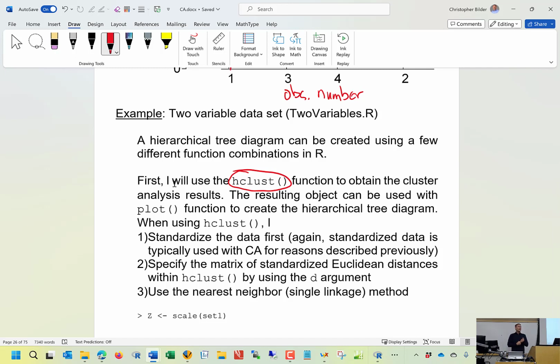So we're going to need to use the scale function to standardize our observations. Second, we need to find all pairwise distances between the observations. We did this before. This was with the dist function. Then the results that you get from that dist function, all these pairwise distances, that's what you basically put as the first argument for hclust.